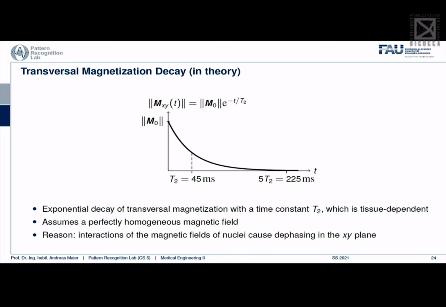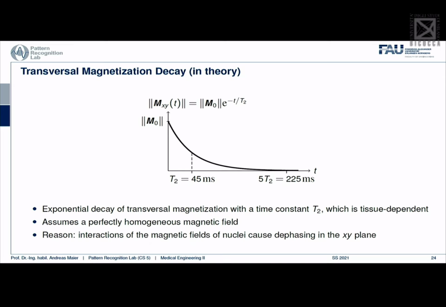The cause of this loss of signal is that the interaction of the magnetic field of each nucleus causes this huge number of nuclei to start precessing at microscopically different frequencies, and so they start to lose coherence.